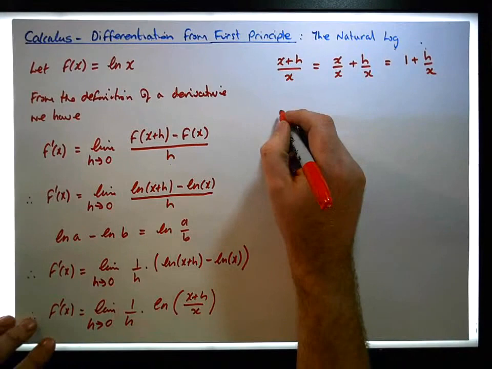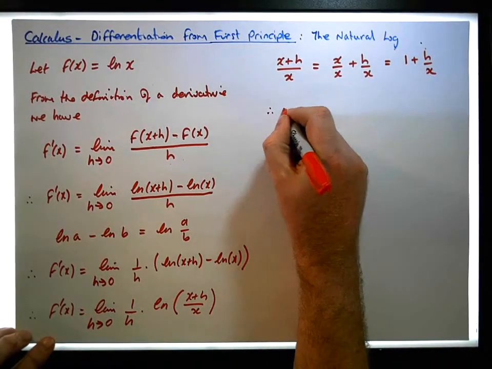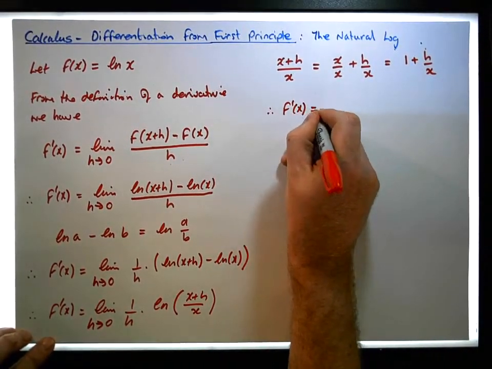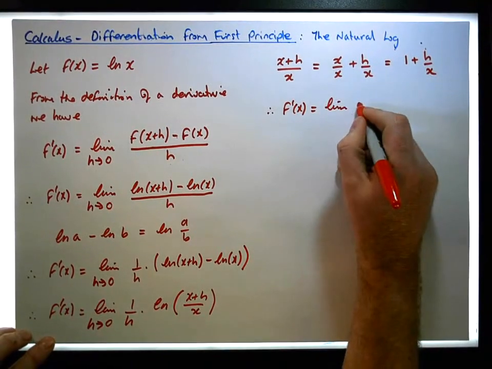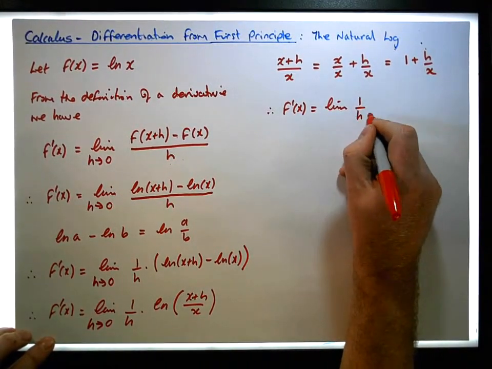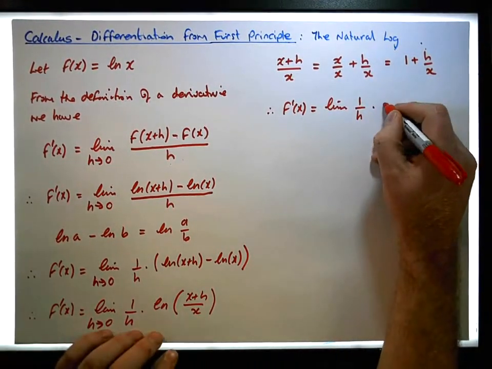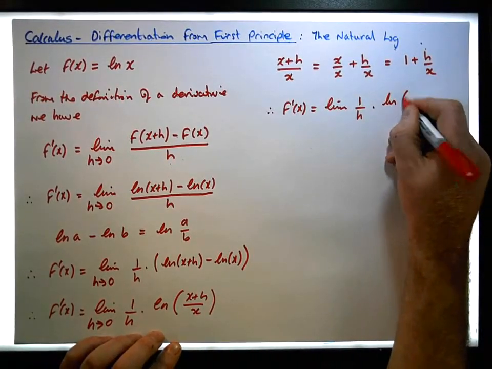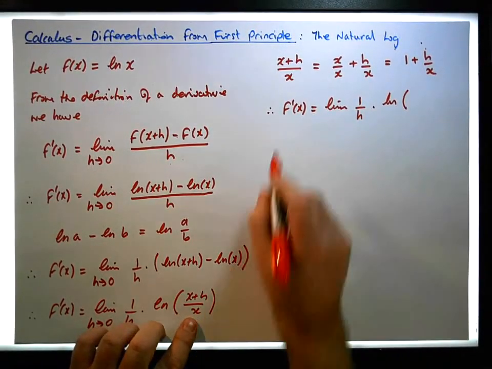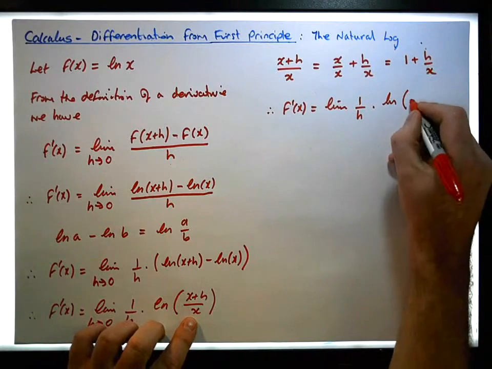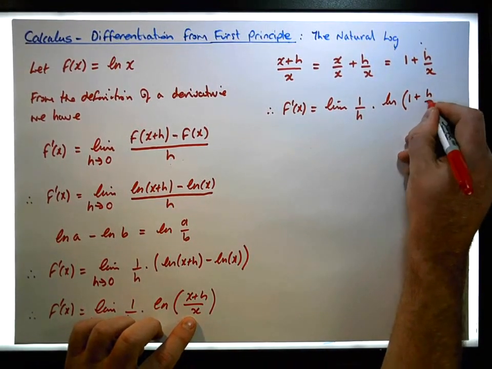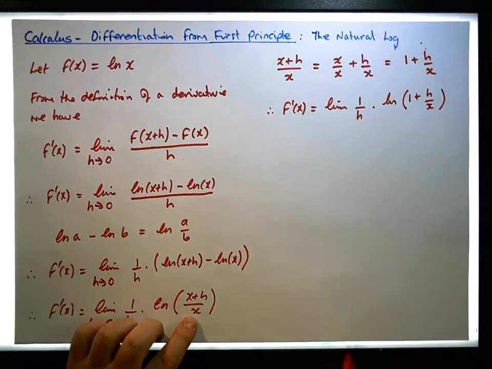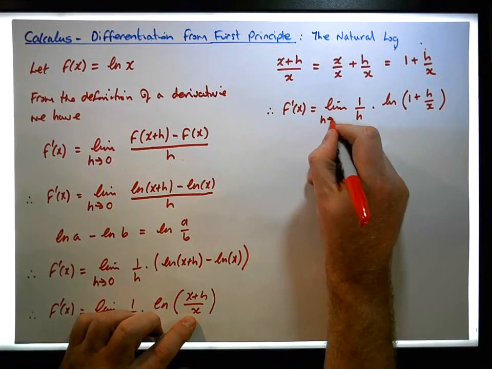So now we have that the derivative of f of x is equal to the limit of 1 over h times the natural logarithm of x plus h over x, which is effectively 1 plus h over x, as h tends to 0.